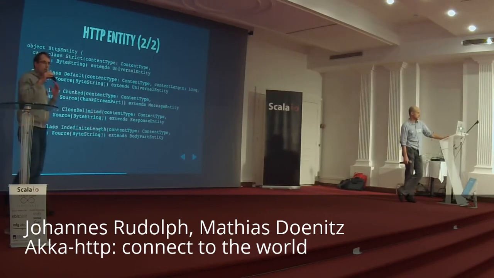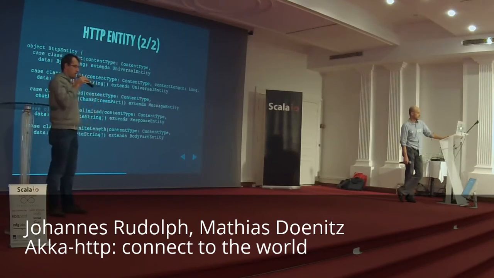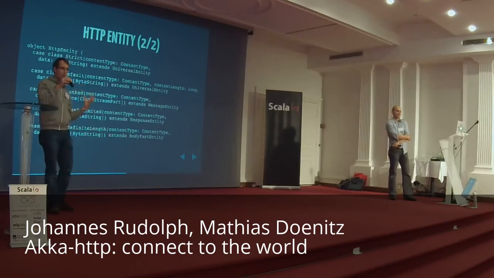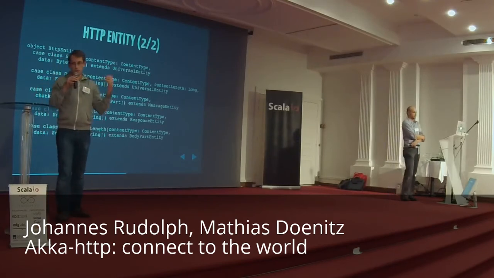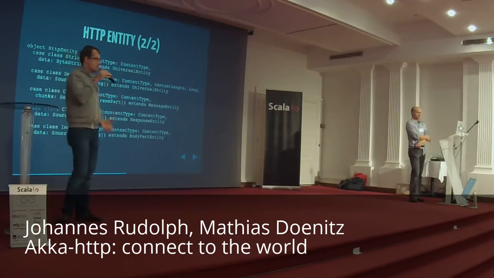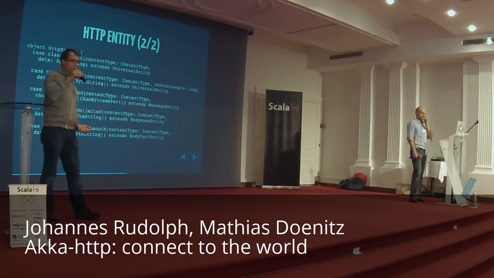Basically we say the body of an HTTP message always consists of a content type, and then the body can be either strict, which means we have all the data already available. So if you produce just a simple output string for a response, it will probably be a strict entity because you have all the data already available.